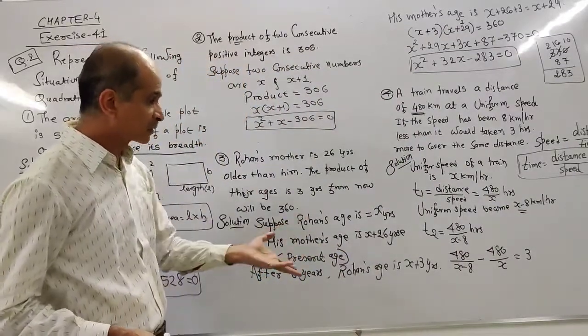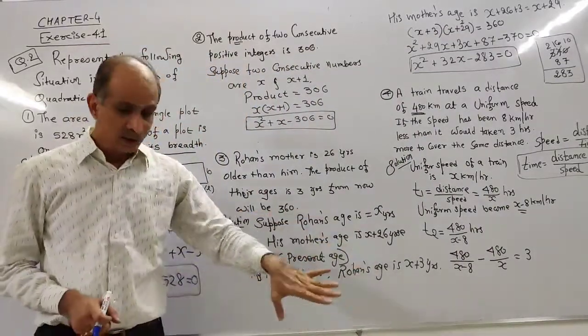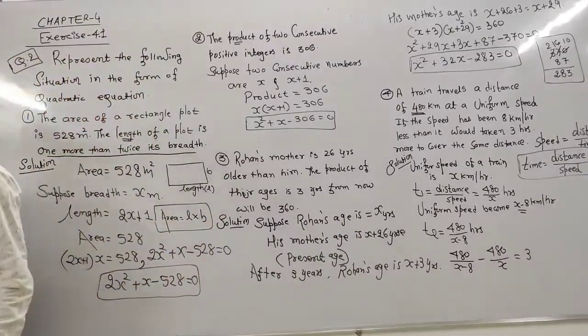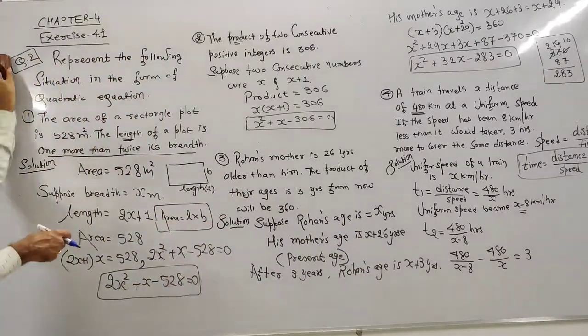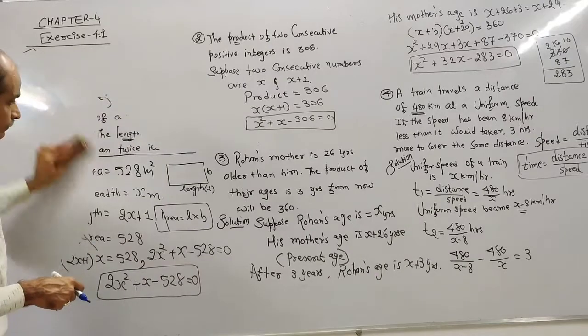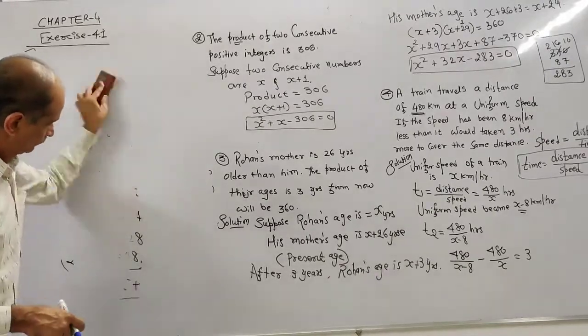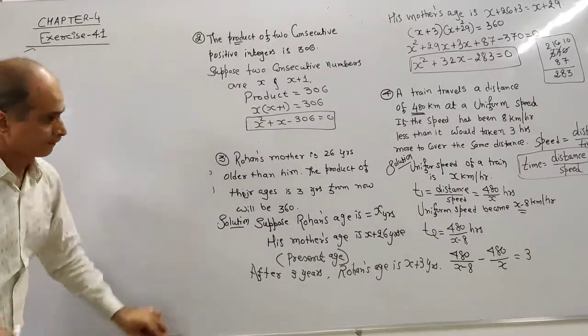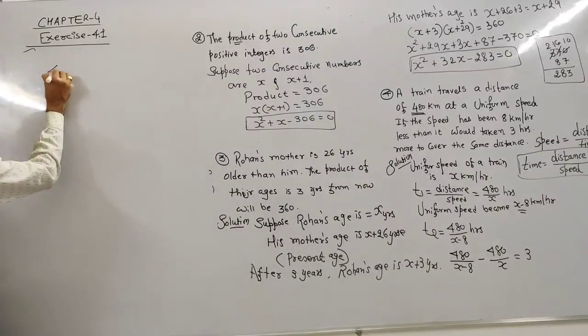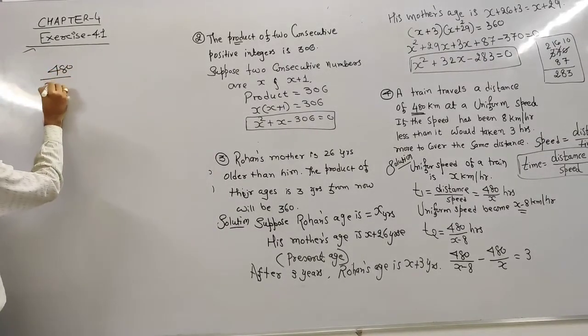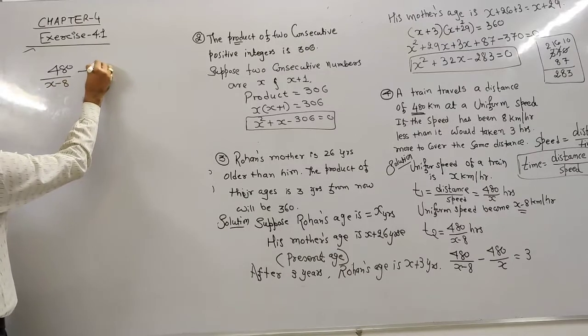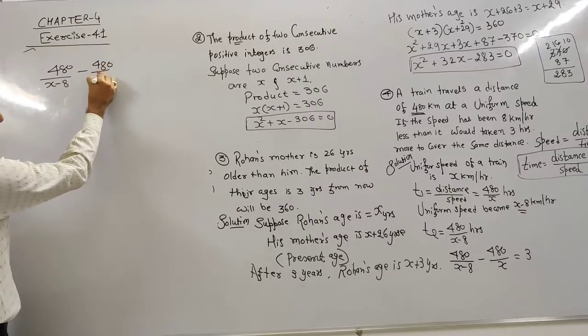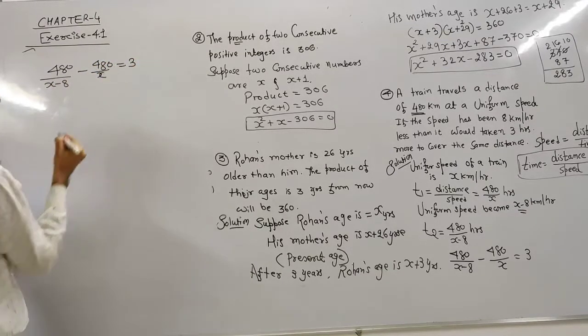Now you have to cross multiply, find the value, and prepare one equation. So 480 upon x minus 8 minus 480 upon x is equal to 3.